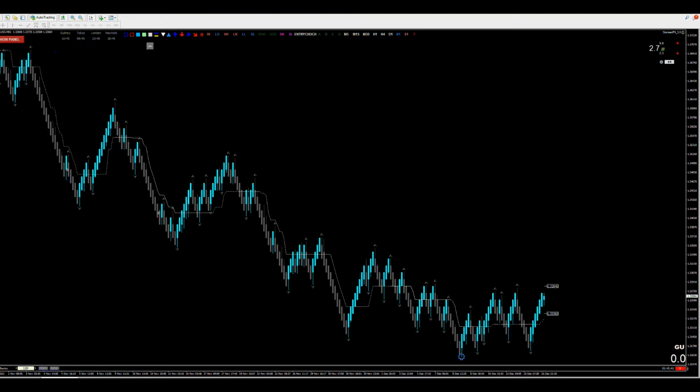And these pips are calculated by this particular number here. So each brick is not going to be 120 pips. What we do is we drop off the 0, then we double the number. So each brick is actually 24 pips. So whenever price moves 24 pips on the candlestick chart, we will get another brick.